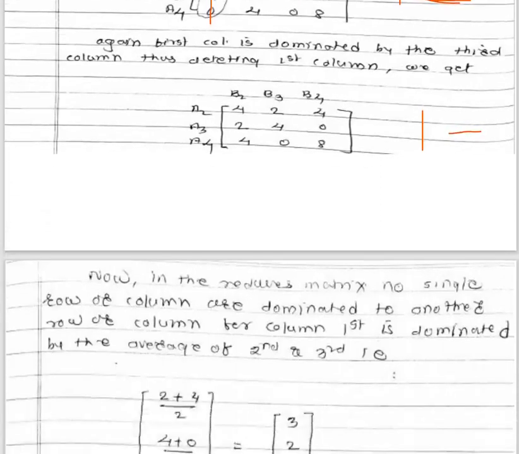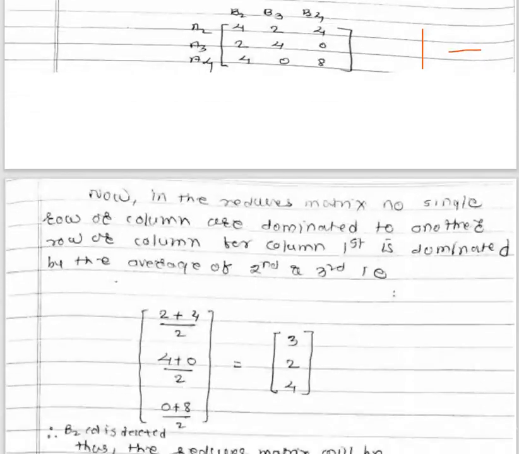Now if you observe this payoff matrix, take the average of the second column and third column.